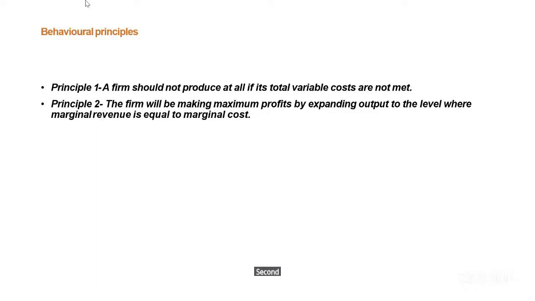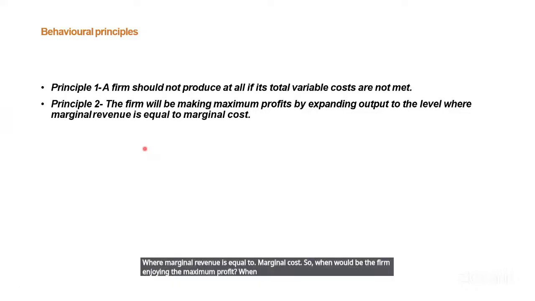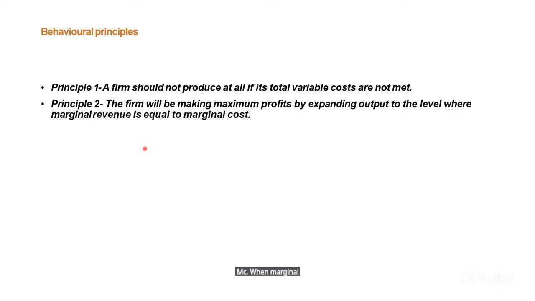Second one, the firm will be making maximum profits by expanding output to the level where marginal revenue is equal to marginal cost. So when would the firm be enjoying the maximum profit? When MR is equal to MC, when marginal revenue is equal to marginal cost.